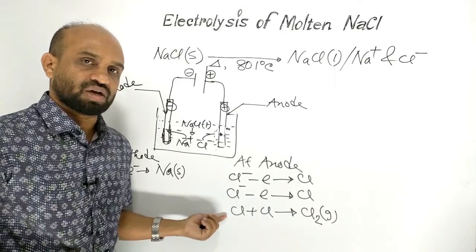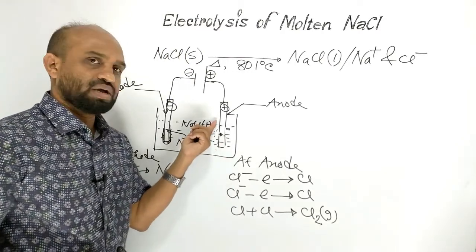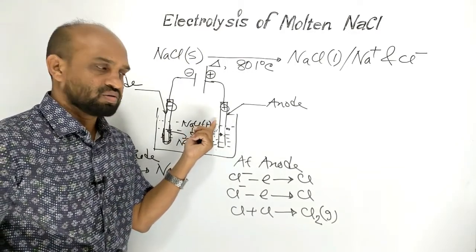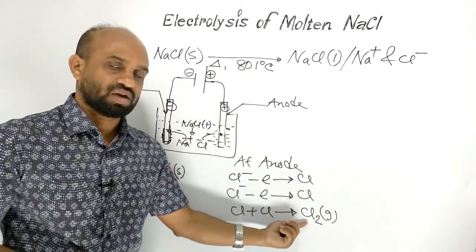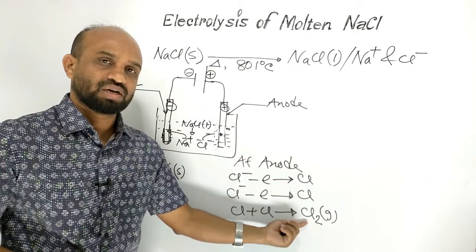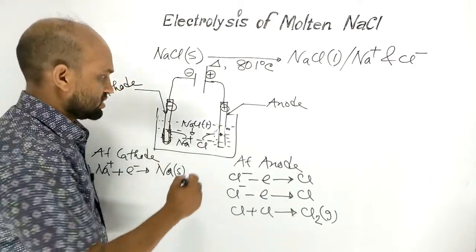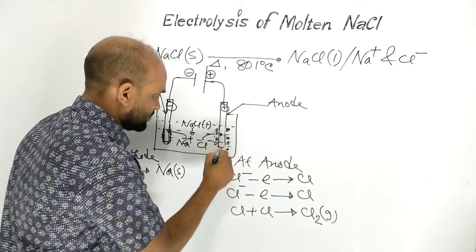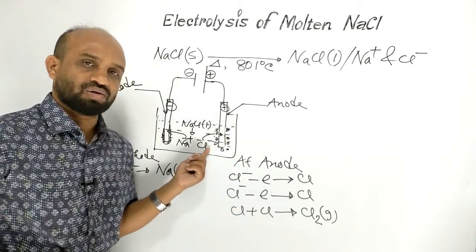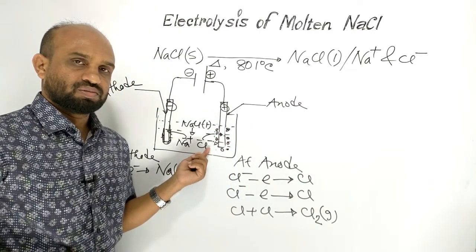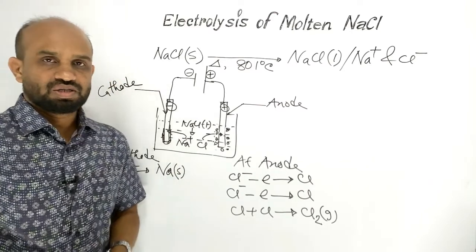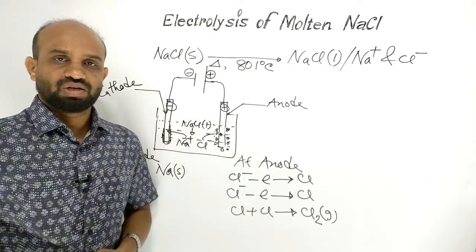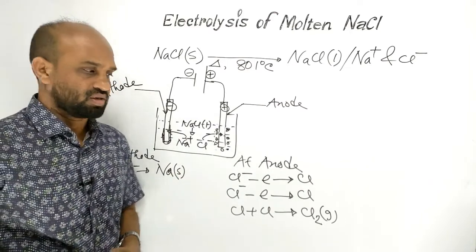These reactions happen at the anode. That is, at anode, chlorine gas is formed. That is why gas bubbles are observed around anode. So, this is about electrolysis of molten sodium chloride.